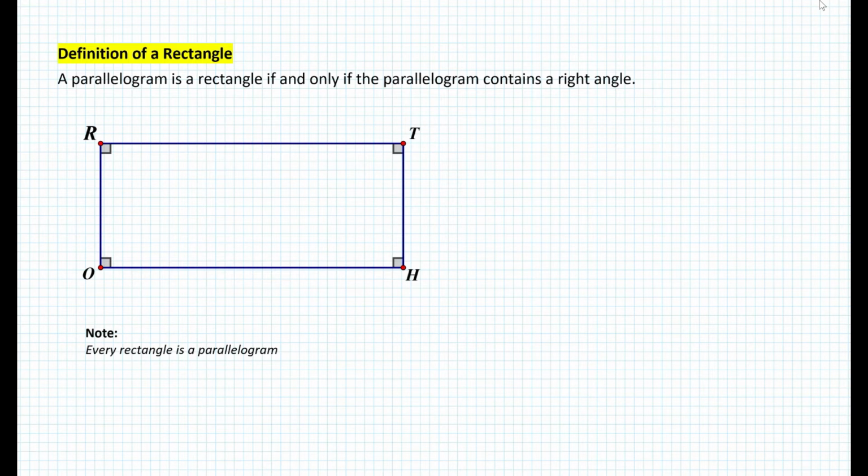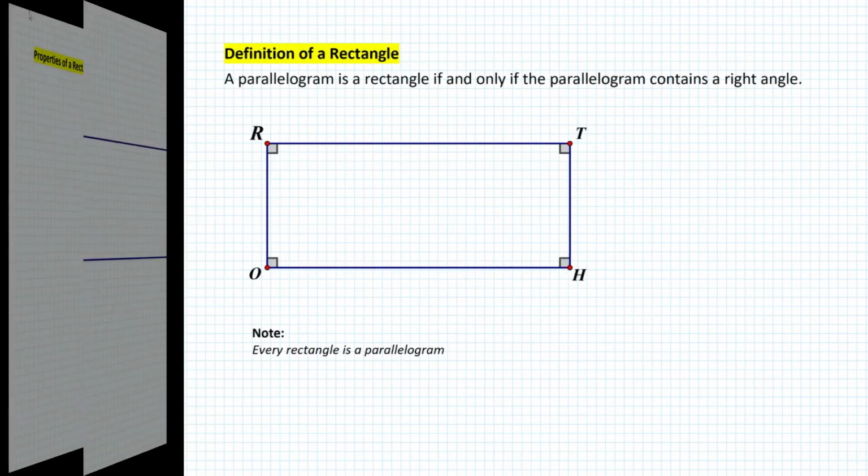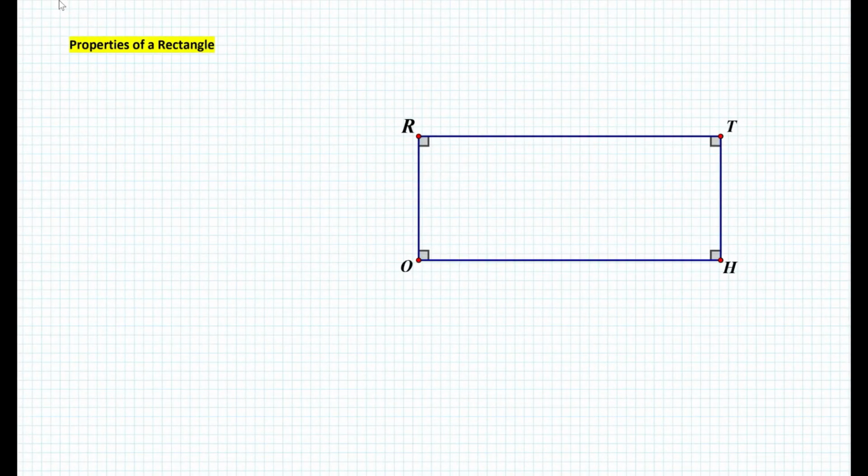Okay, so now that we have defined the rectangle, let's now discuss the properties of the rectangle. So let's list them all out. Since we know that every rectangle is a parallelogram, it automatically inherits all the properties of a parallelogram.